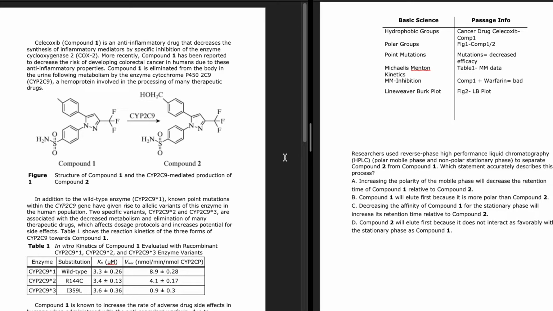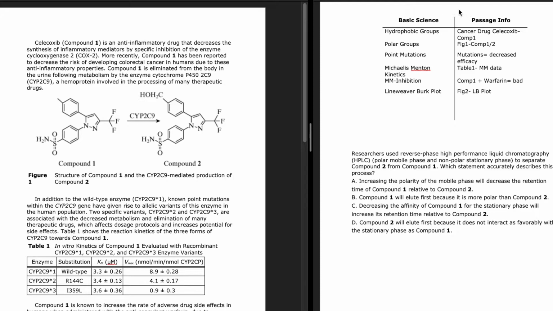I now want to show you how to use the basic science and passage information chart to answer questions effectively. I previously showed you the workflow on how to identify if it's a basic science or passage information question. The basic science questions are typically going to come from this basic science topics list that we've already identified from the passage.